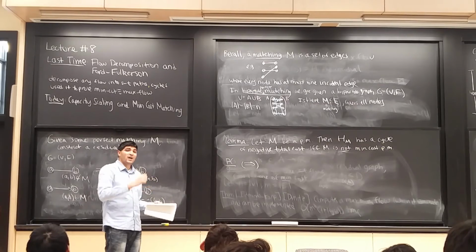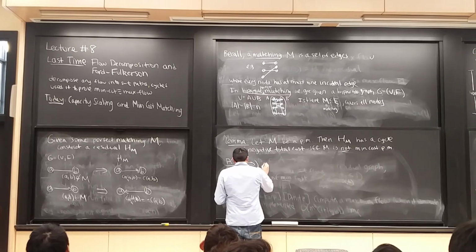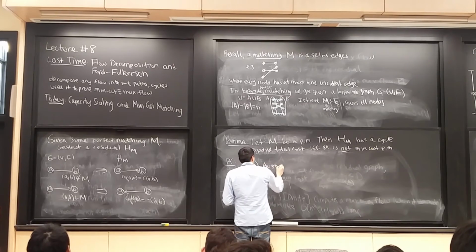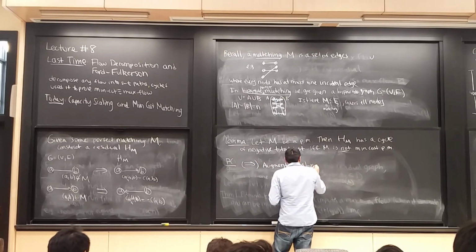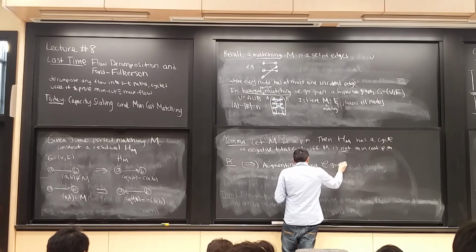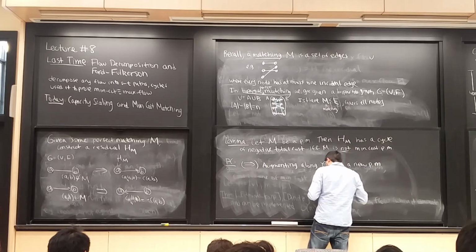So that's the idea. What I claim is that augmenting along this cycle C gives a new perfect matching. Let's call it M prime.